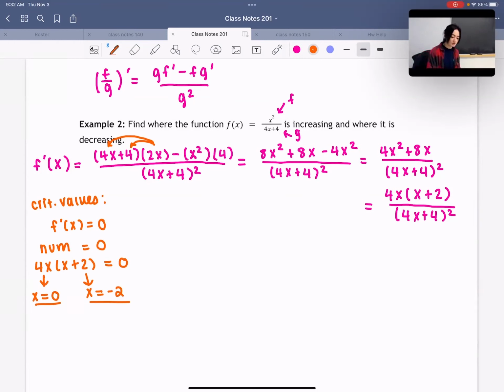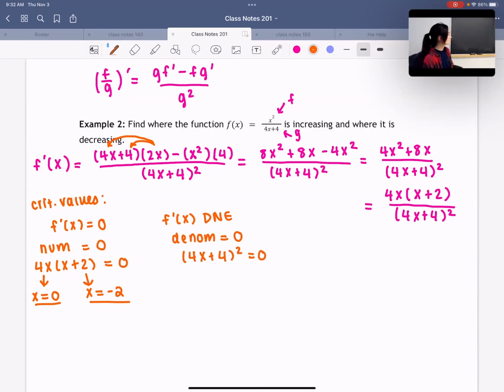Okay, we also have to find where the derivative doesn't exist. And what's the easiest way to figure that out? Set the denominator equals 0, good, the bottom. So denominator equals 0. So I'm going to set 4x plus 4 squared equal to 0. Okay.